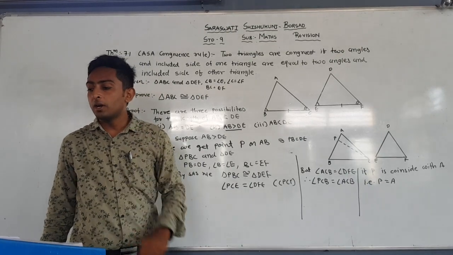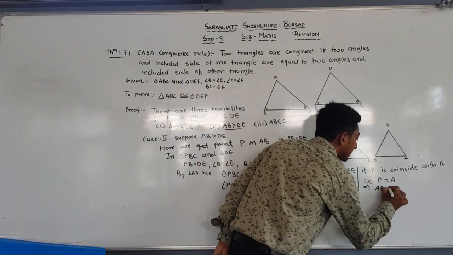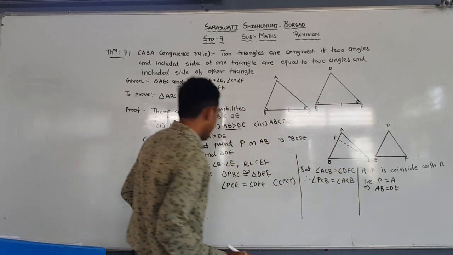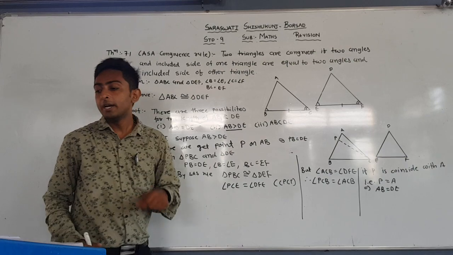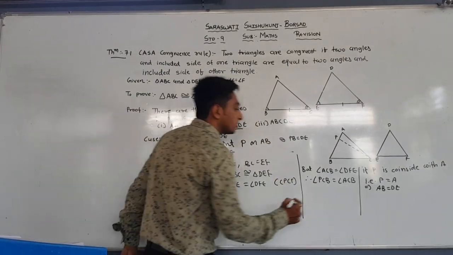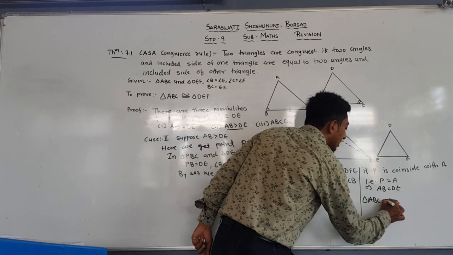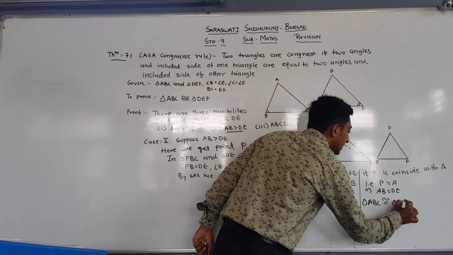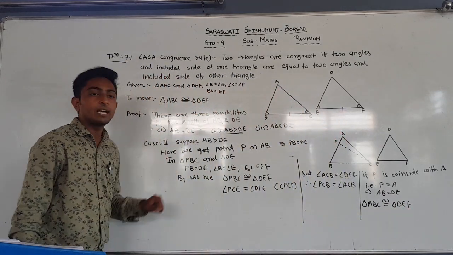That means AB equal to DE. So by SAS rule, we can say that triangle ABC is congruent to triangle DEF. This is case 2.